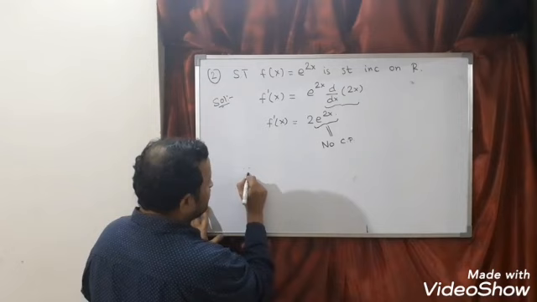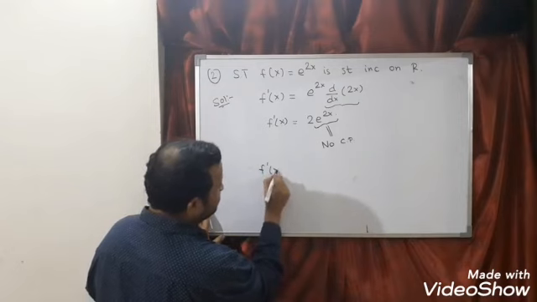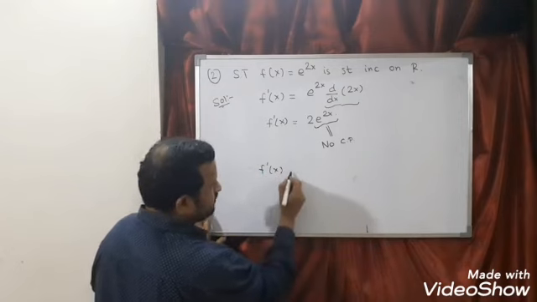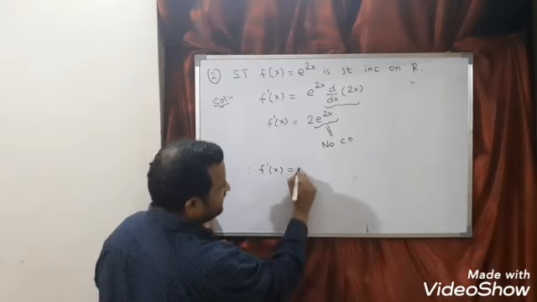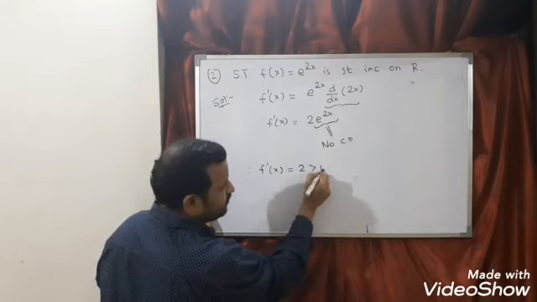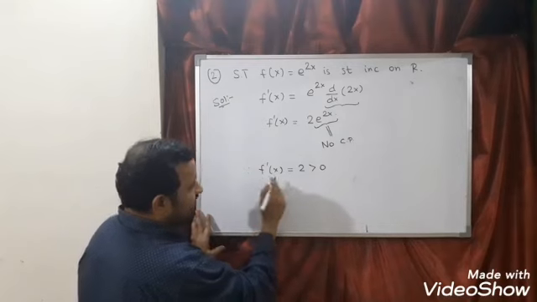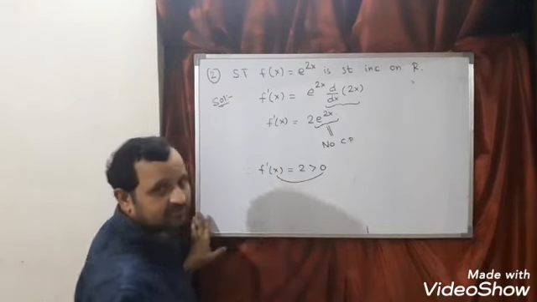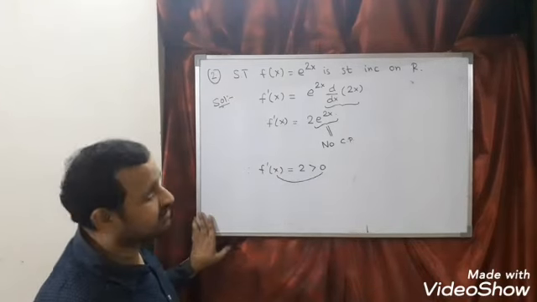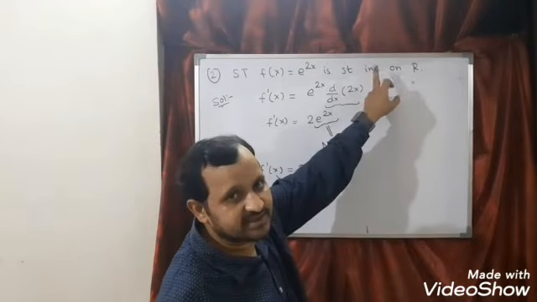So what you will get here? You will get f dash x is equal to 2. Yes or no? Since f dash x is equal to 2 and 2 is greater than 0, f dash x greater than 0 is the condition for what? Is the condition for increasing or not?